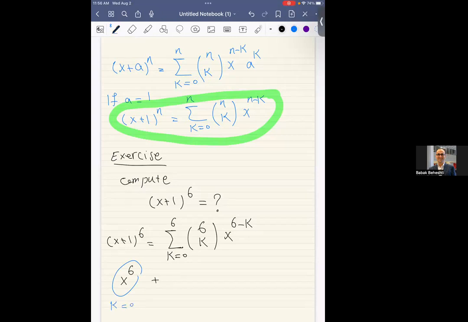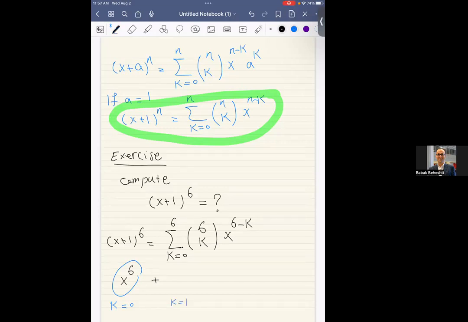Now, if k is equal to 1, you have 6 choose 1.